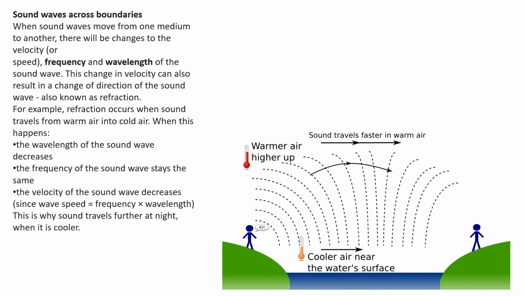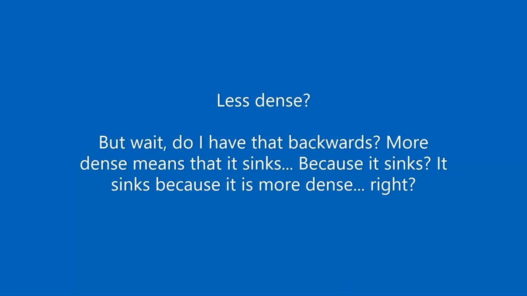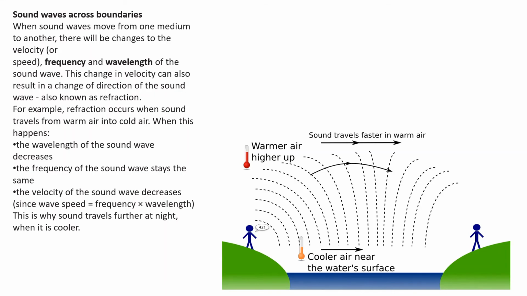When it's cooler, the air is actually more dense, not less dense. Cooler air is more dense because it sinks. And also because sound is longitudinal, just put all those ideas together. You should be able to work out why sound travels further at night. Number one, cooler air is less random.